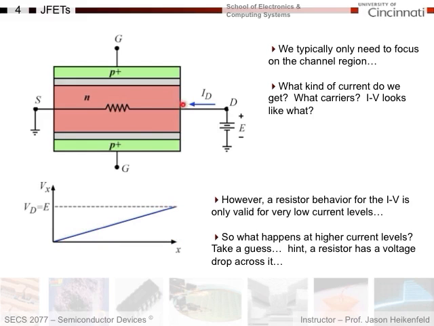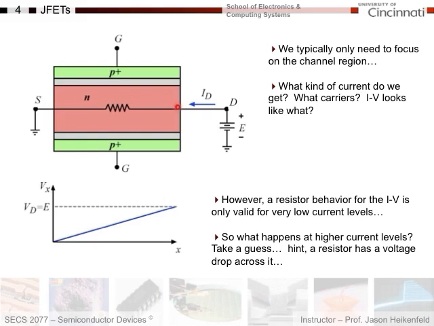So basically at this side I know I've got VD, okay, so it goes to VD equals E, which is my potential applied here, on this side. On this side I know it's ground, obviously, and in between I've got a linear drop of voltage because this is just a uniform resistor. That's going to be important in a second.